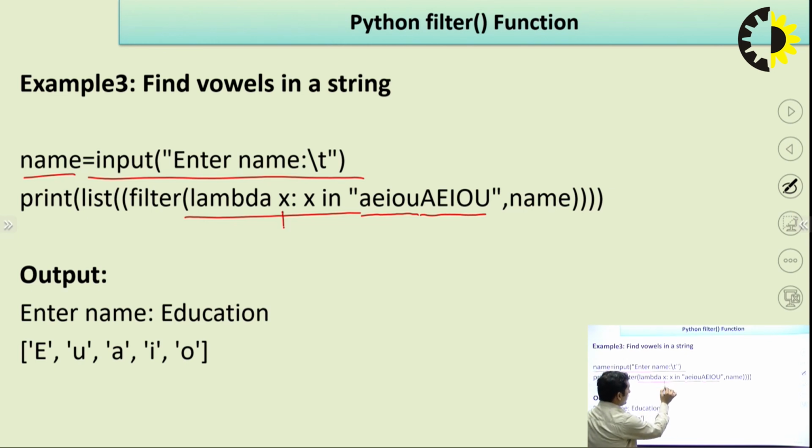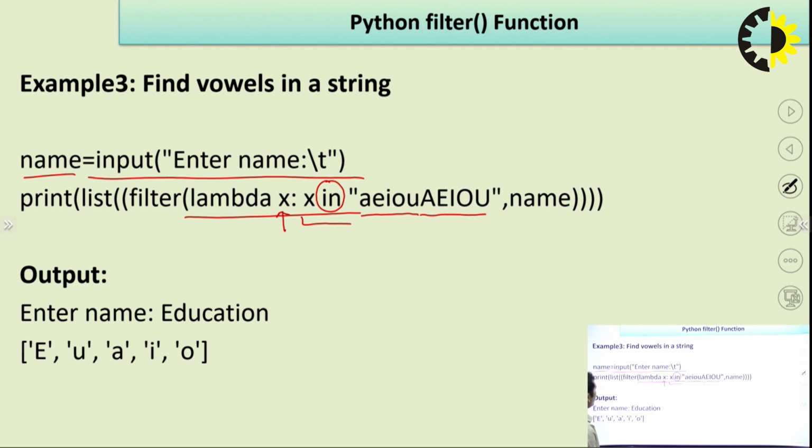For each letter, this lambda function is called, and the in operator is used here to check x in this particular sequence A, E, I, O, U, the set of vowels. If it lies in this, then it will return true, otherwise false.